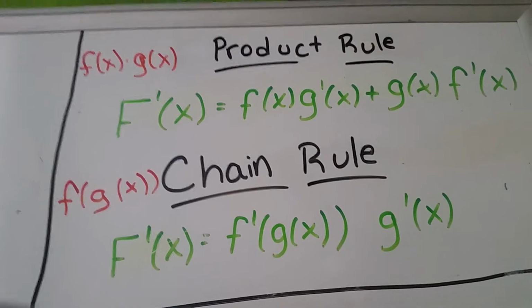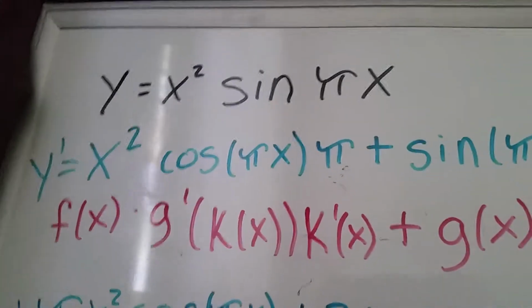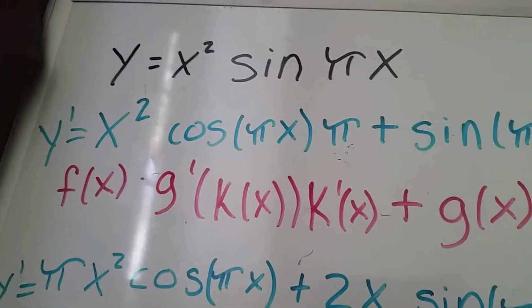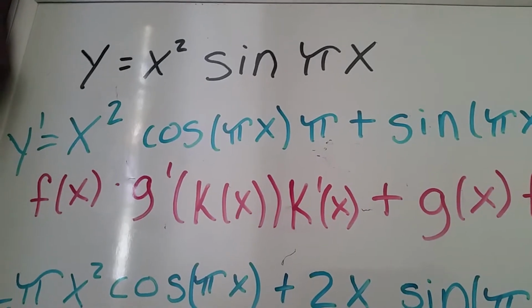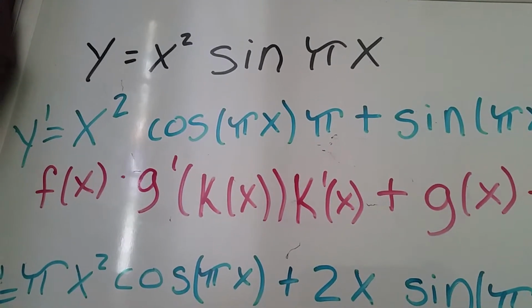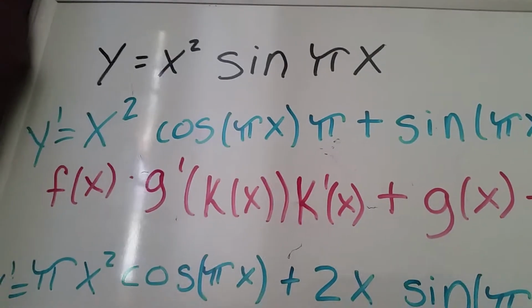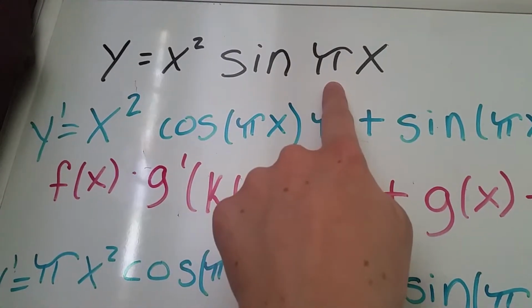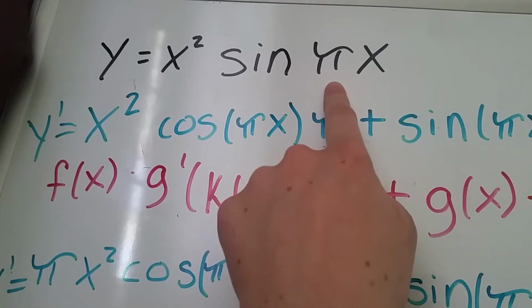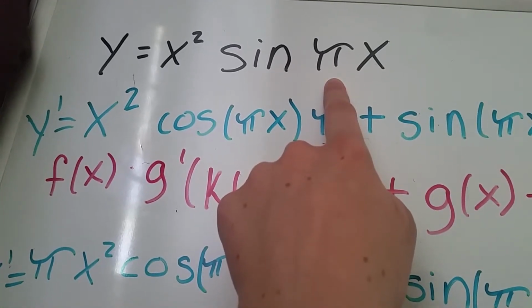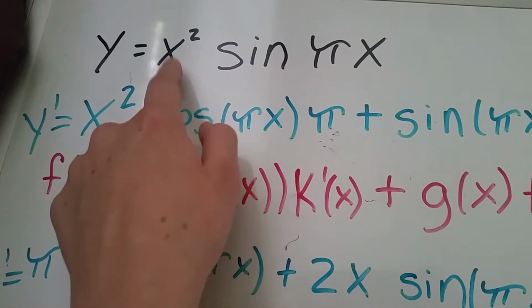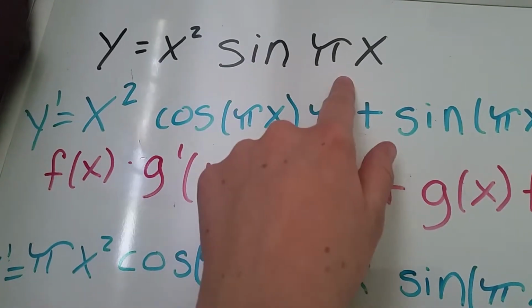So that being said, we're going to come over and we're going to get this equation, x squared sine pi x. Well, you can't use just the product rule. You can't use just the chain rule. You can use the chain rule to solve sine pi of x, and you can use the product rule to do x squared times sine pi of x.